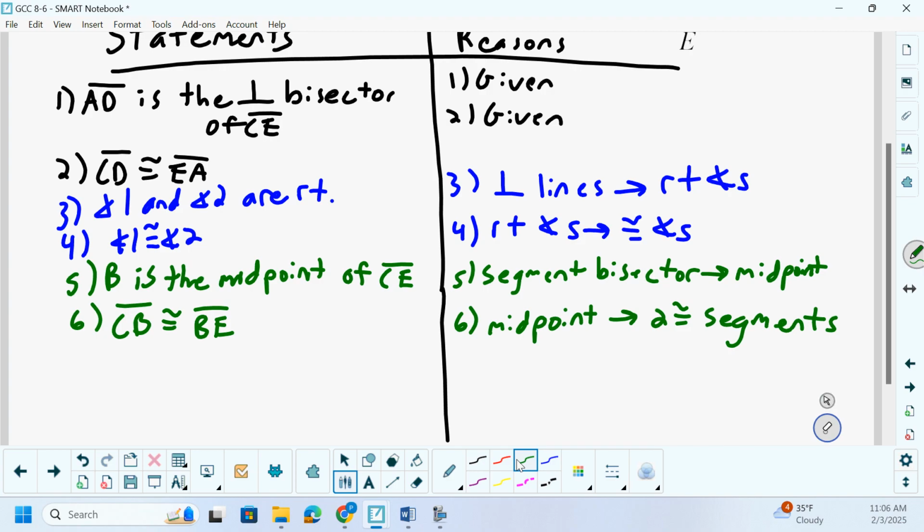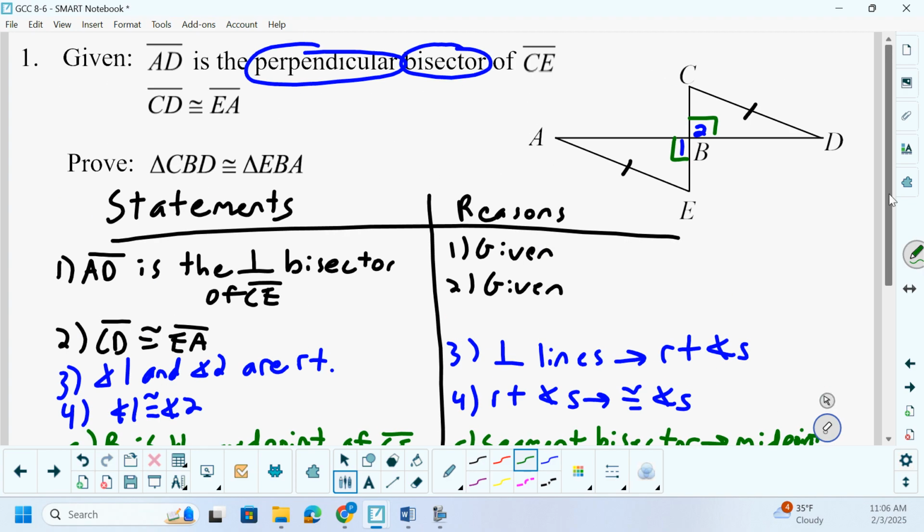And we'll mark those up in our picture with some tick marks. And then let's see what combo of angles and sides we have. Well, we have two sets of sides and one set of angles.